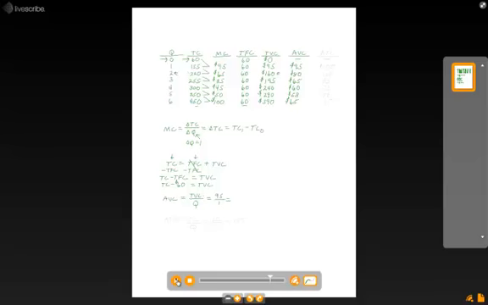And then finally, to calculate your average total cost. Again, an average is always taking the total divided by quantity. So your average total cost will simply be equal to your total cost, which we already have, divided by your quantity.